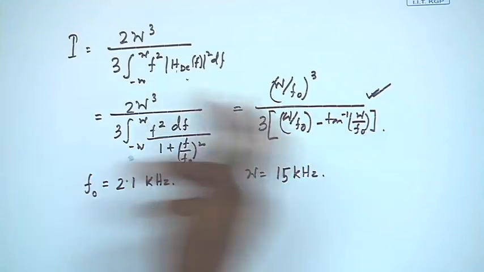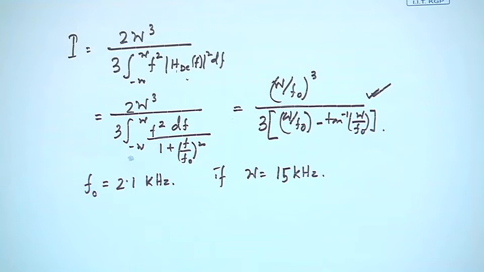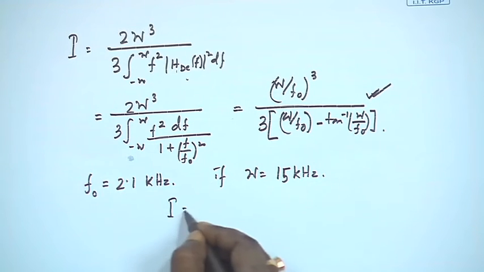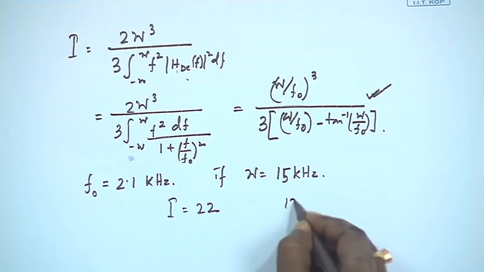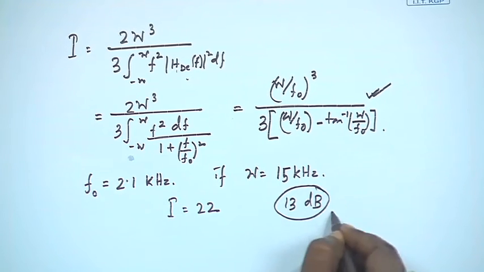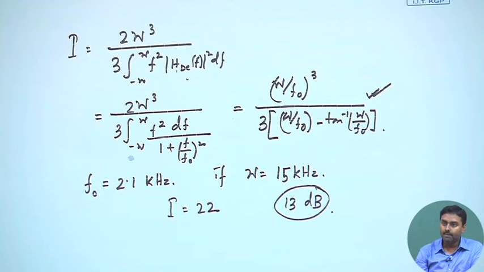It depends on what F0 you choose, because we can already see that I is a function of F0. If we choose this, then immediately I becomes 22, and in dB terms that is 13 dB. That is what we said, that in a practical FM case we can actually reduce the noise.